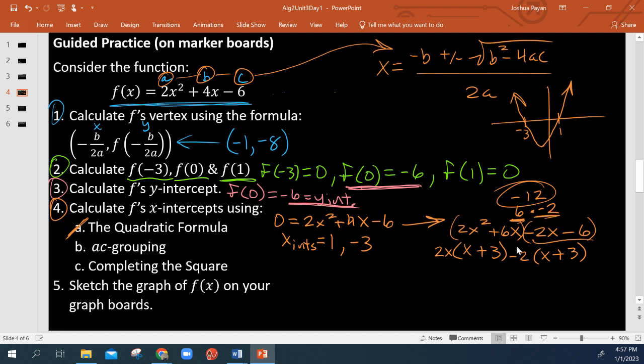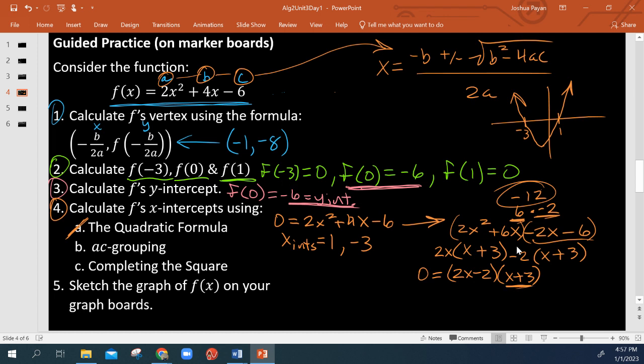Okay, so that means this factors out into 2x minus 2 times x plus 3, right? And we're still equal to 0. And we see that we can easily solve this now just using the zero product principle. So we set each one individually equal to 0.